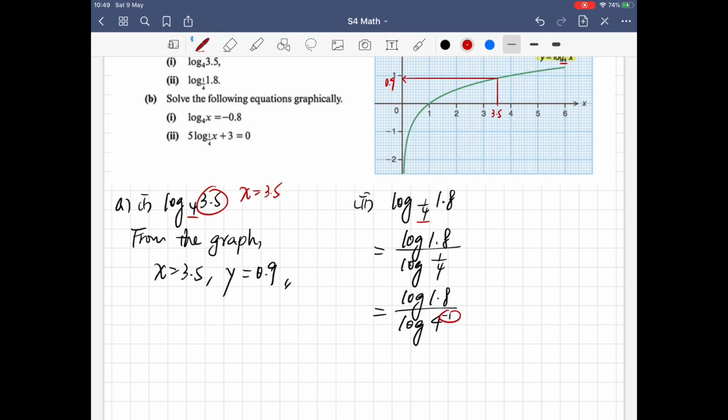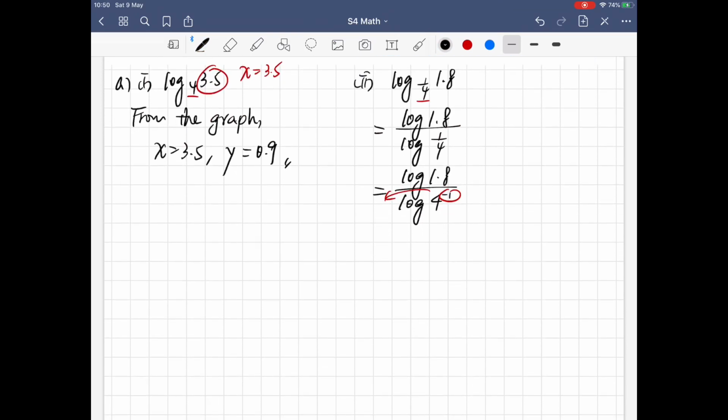Afterwards, the power -1 can be put in front of the log. And we have log 1.8 over negative log 4.